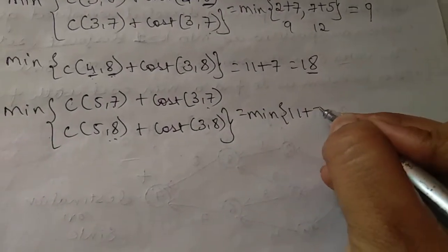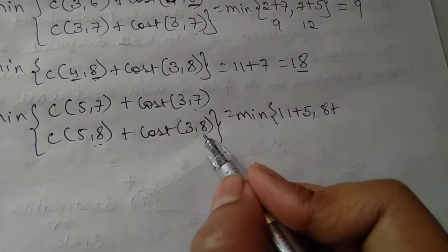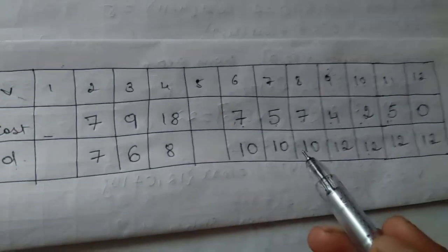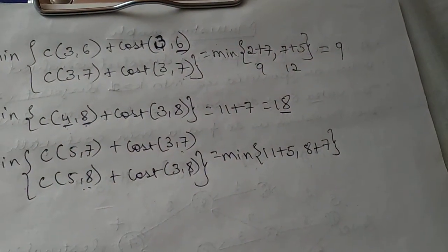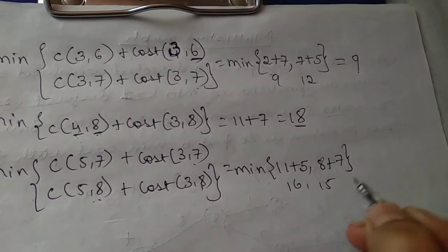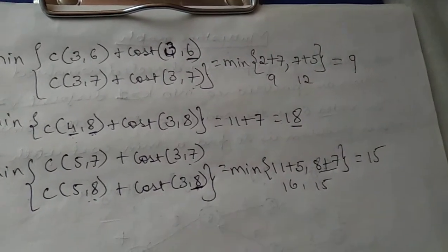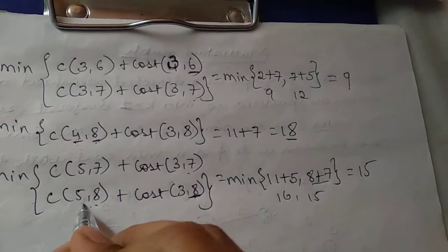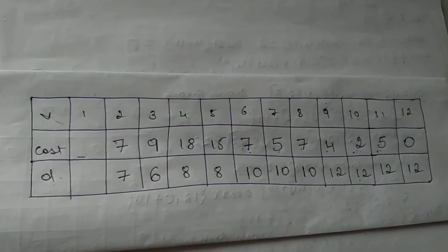It is 5. 5 to 8, what is the cost? It is 8. What is the cost of 8 in the table? It is 7. So here, how much will you get? This is 16 and this is 15. Which is minimum? 15 is minimum. From 8 you have got. Again, 5 will go to 8 on cost 15.